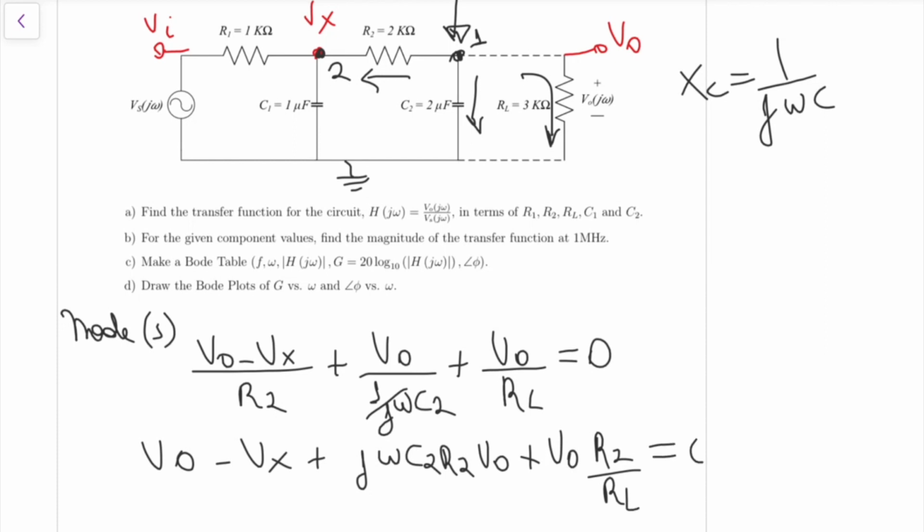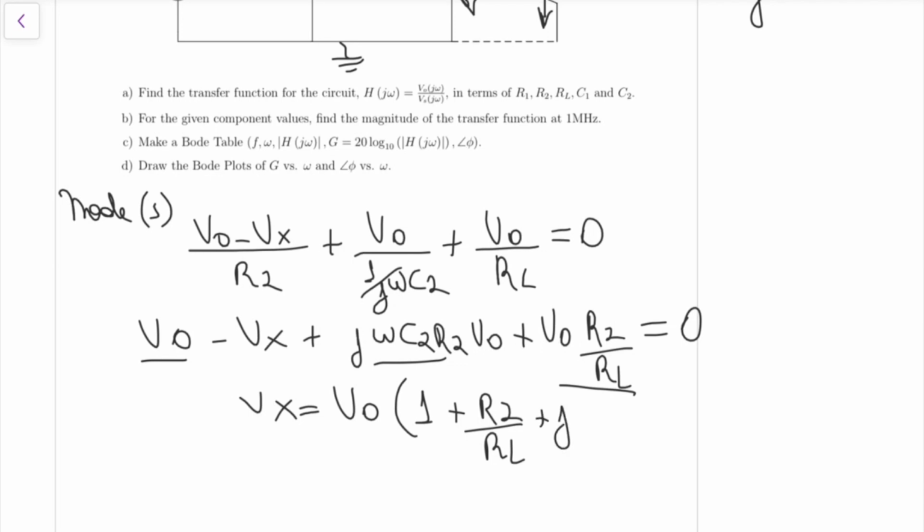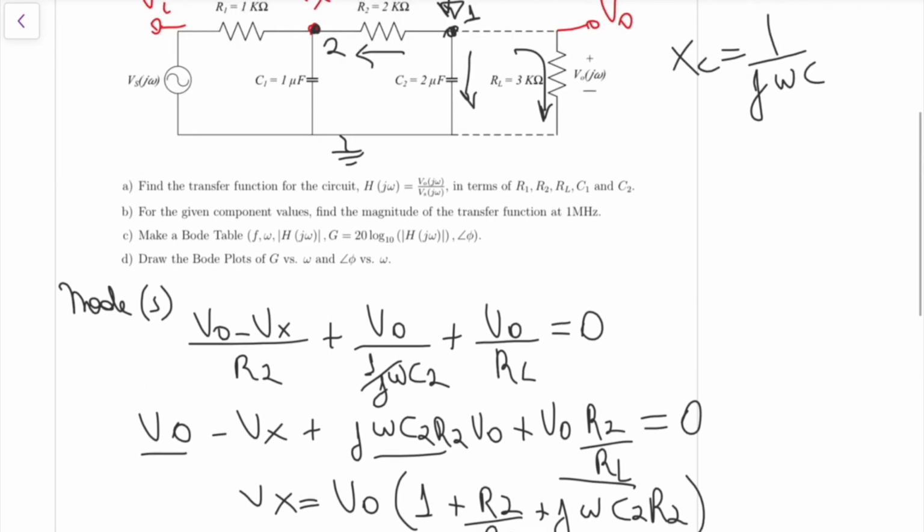That should be equal to 0. So this gives us Vx equals V out that multiplies 1 plus R2 over RL. So this one here is 1, this is R2 over RL. This one is plus j omega C2 R2. Okay, so that's Vx.